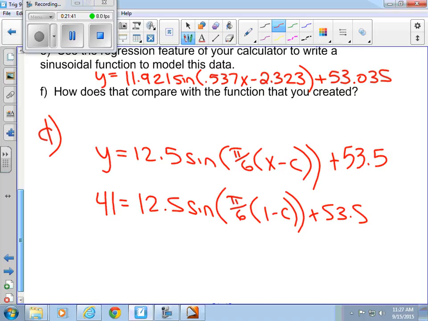See what I mean by the numbers working nice? Because you picked a minimum or maximum, it's going to be the amplitude. Divide by the 12.5.